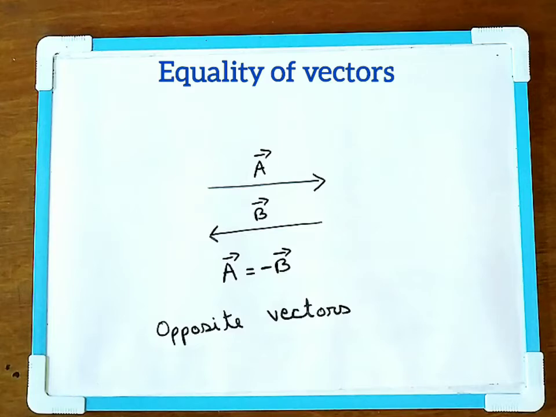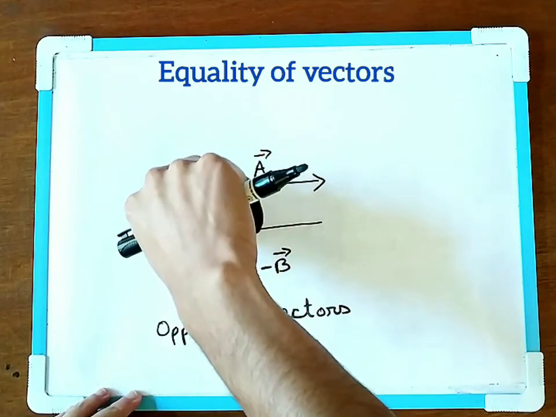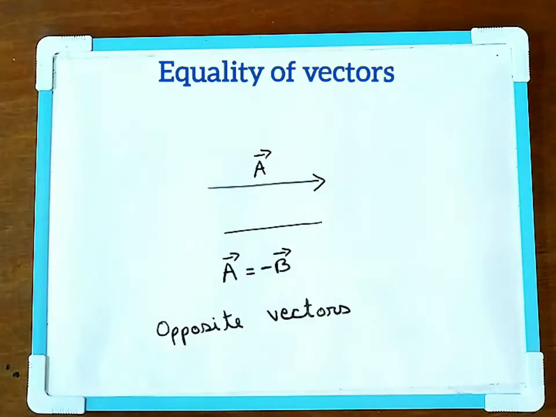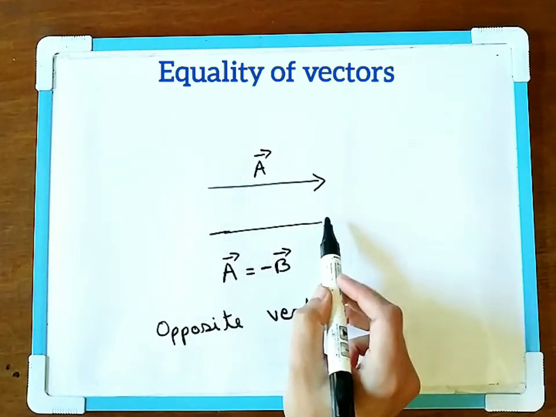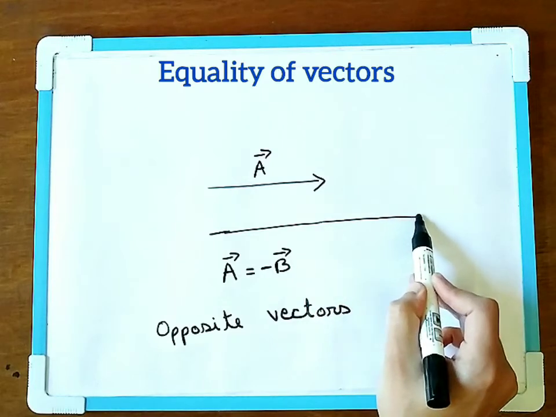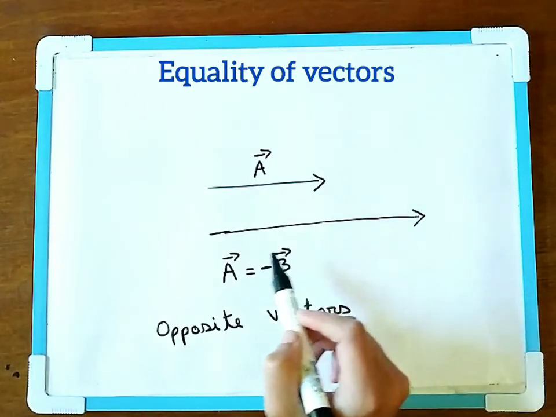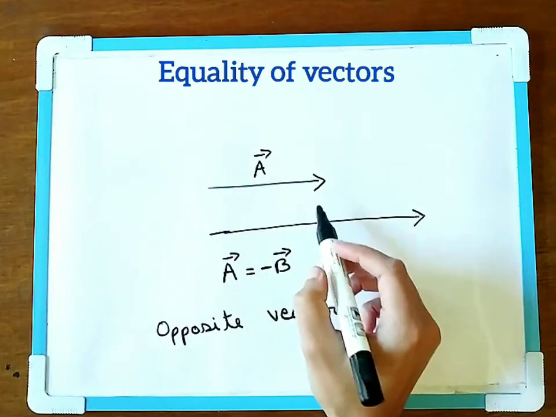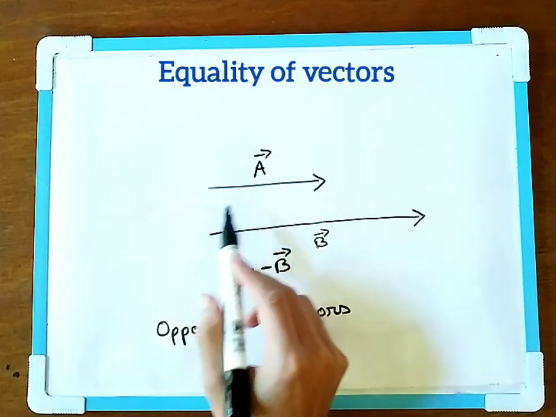Now suppose we have another case where your vector B is in the same direction as A, but you can see the magnitude is larger than this A, isn't it?